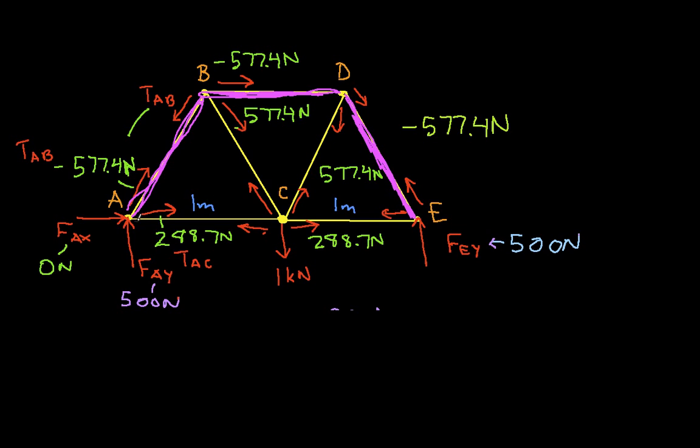The other members are in tension, that is, they're being pulled apart. So you can see that the internal members are being pulled, and the members on the edges here are being compressed. Okay, so that pretty much wraps up this video. I hope you found this example helpful.